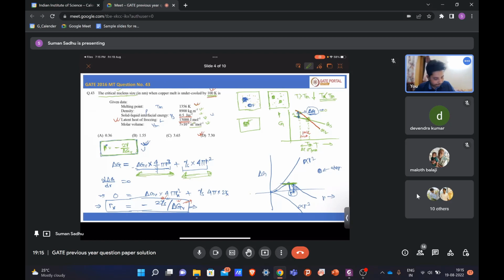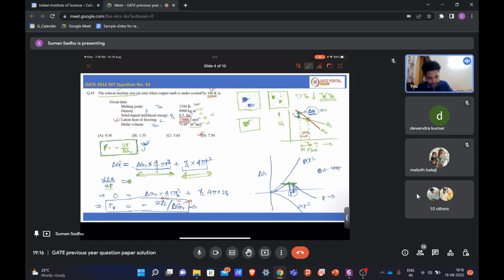In this curve. So now if you differentiate this delta Gn, d of delta G by dr, at the maximum point it will be 0, right? So now if you differentiate, you will find that this will be delta Gv into 4 pi r square.